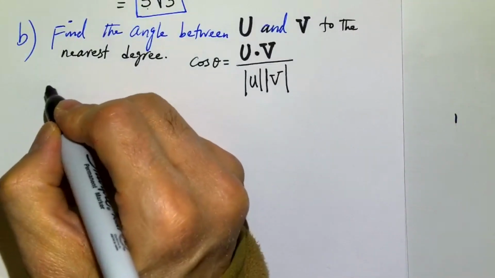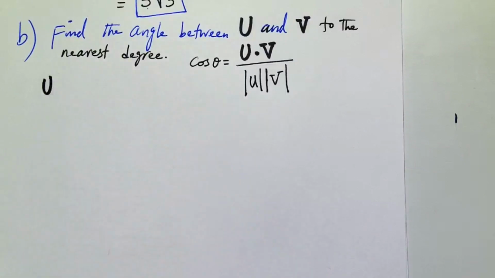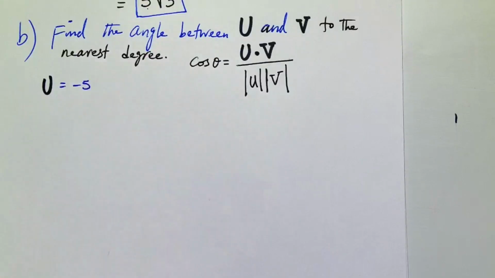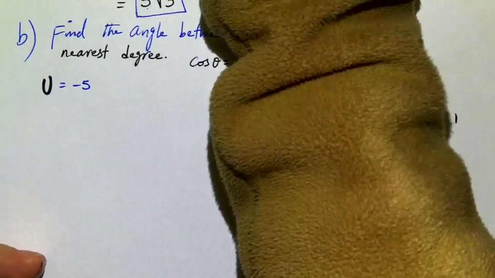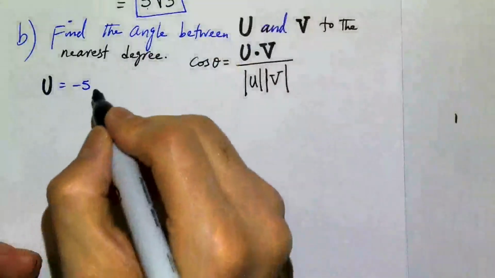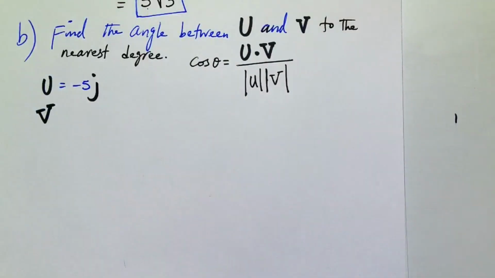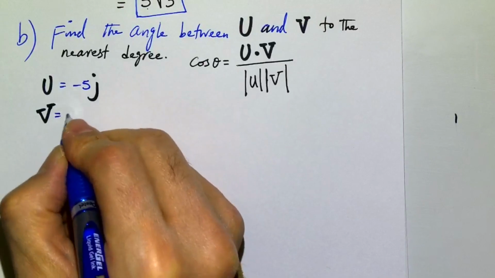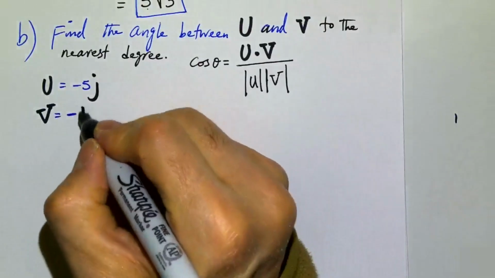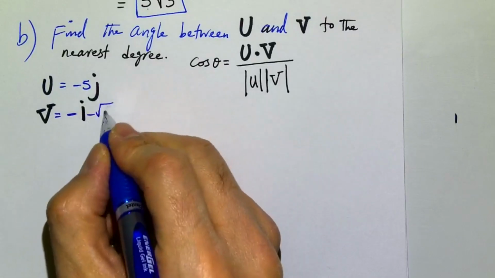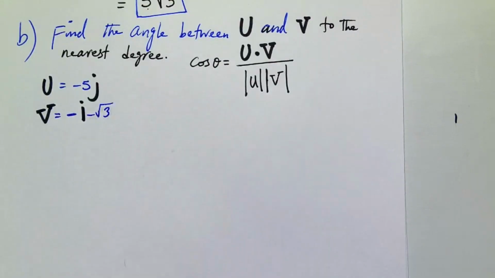These were the vectors. We had u equals minus 5j, and v is minus i minus square root of 3 j.